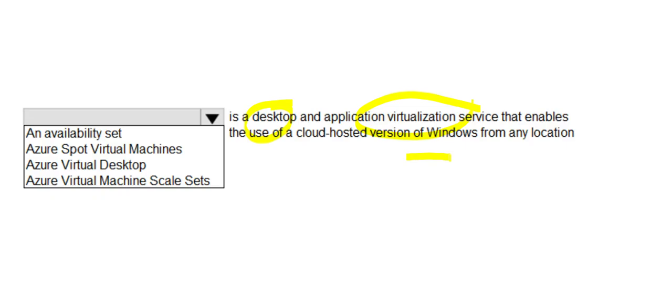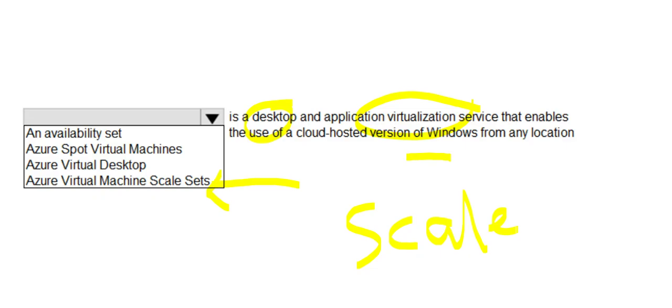The virtual machine scale sets. This is a scalability solution. What is scalability? You have a website which can cater 100 users. If 1,000 users log in, you need more compute.